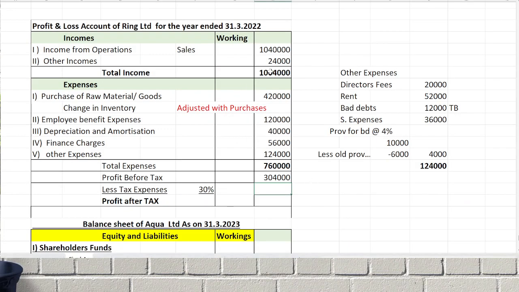Interest accrued on investment is already given in the trial balance, so that income is already recorded. Outstanding expenses and accrued incomes already given in the trial balance mean they are already adjusted.